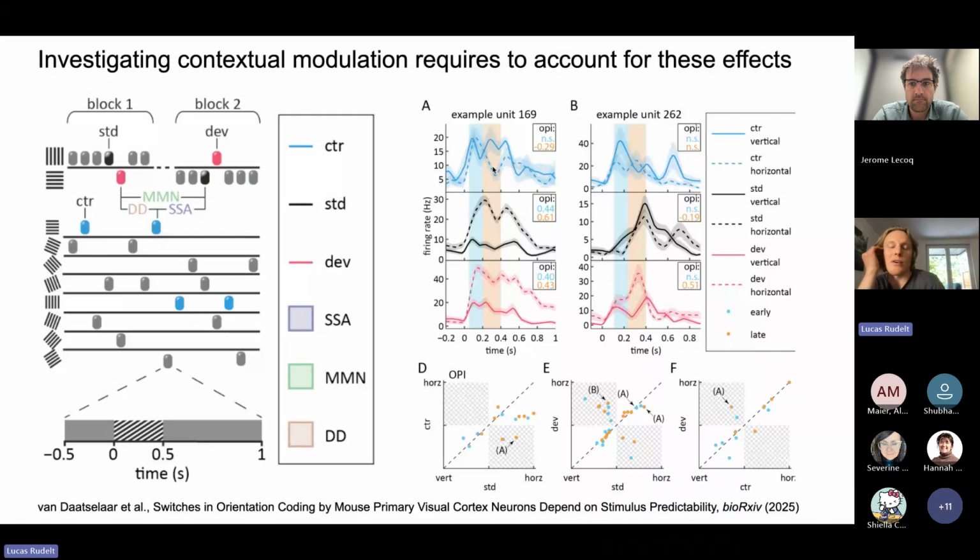So I think a lot of their conclusions could actually also be explained by minute-long adaptation effects and potentially also plasticity, so long-term effects that play in here. And I think the lesson we should learn from this is that if we compare learning or if we want to really investigate contextual modulation, we have to be very careful to dissect these effects with careful analysis and also stimulus design.